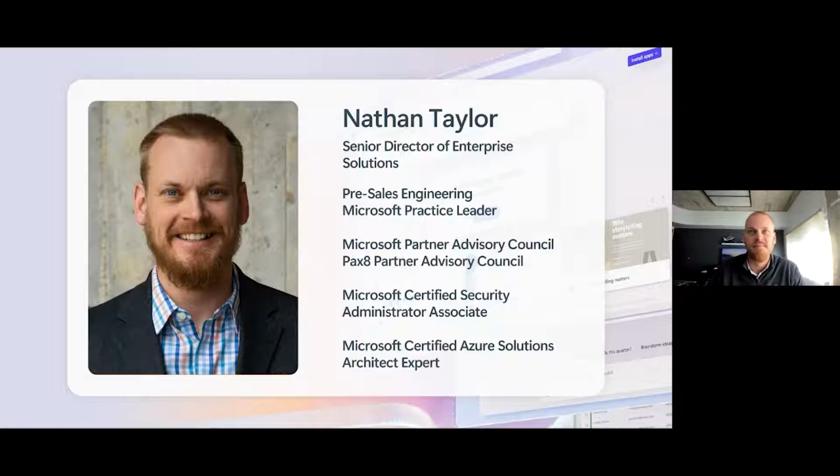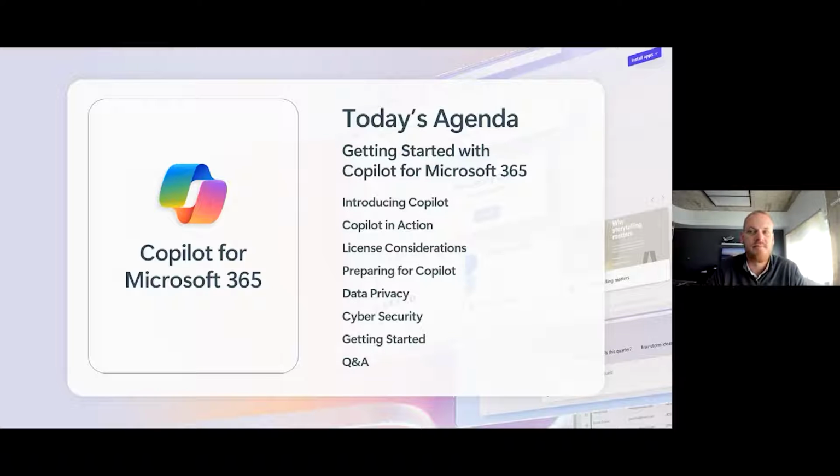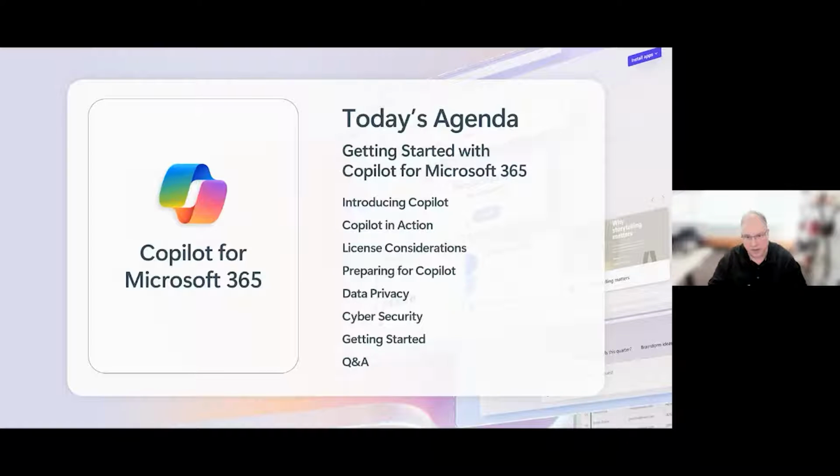Thanks, Dan. Awesome. Well, we've got a full agenda today. This webinar is meant to be an introduction to Copilot and some initial considerations as you move into the world of AI and Microsoft. We're going to go through a couple of quick introductions on what the product is. We'll see it in action a little bit.